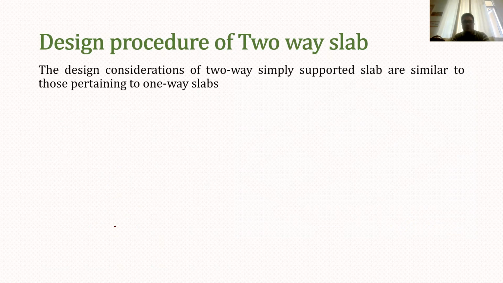Now, the design procedure of two-way slab is similar to one-way slab. All the design process that we have followed in the one-way slab is similar for the two-way slab also.